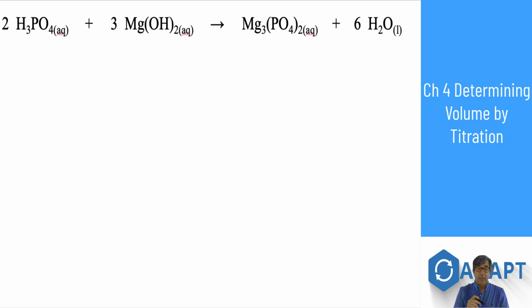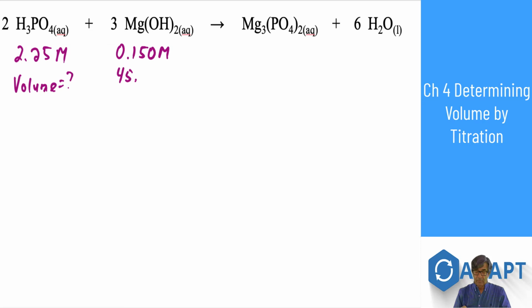In performing this titration, we have a 2.25 molar phosphoric acid, and we want to react it with the magnesium hydroxide. We want to identify the volume required of the phosphoric acid to reach the equivalence point, in which we have a 0.15 molar magnesium hydroxide, and we have 45 milliliters of the solution.